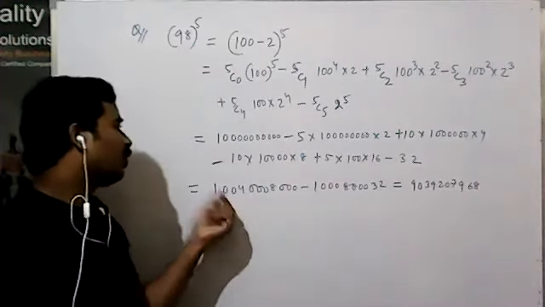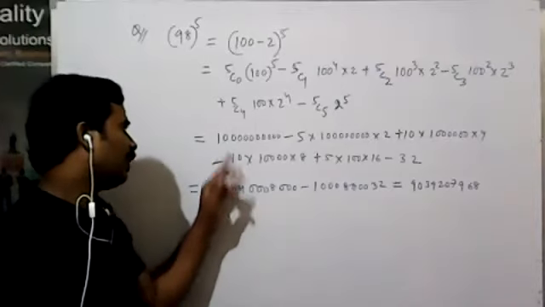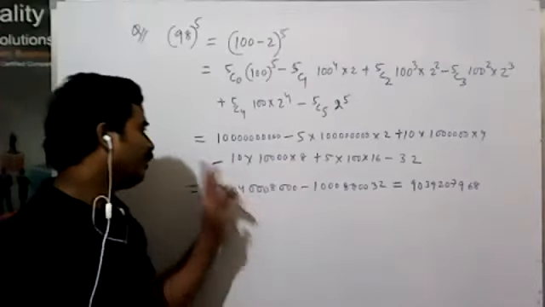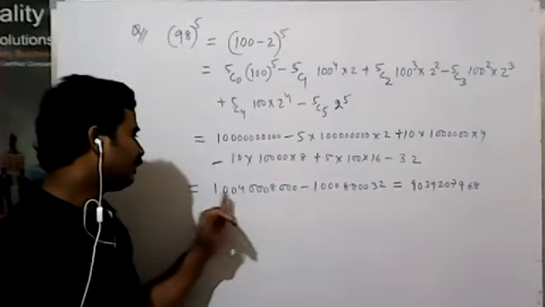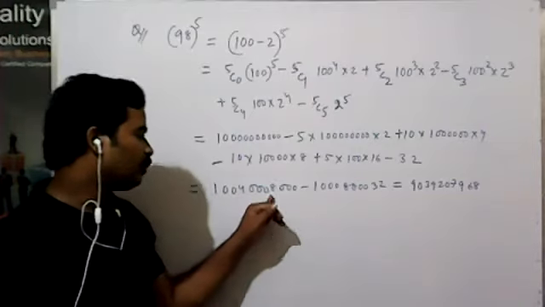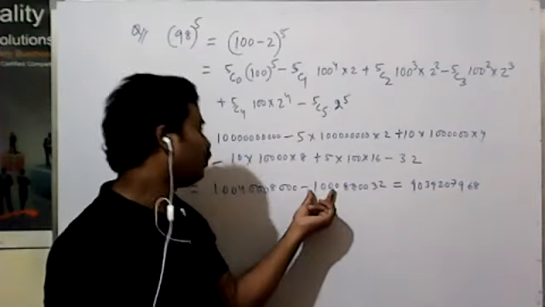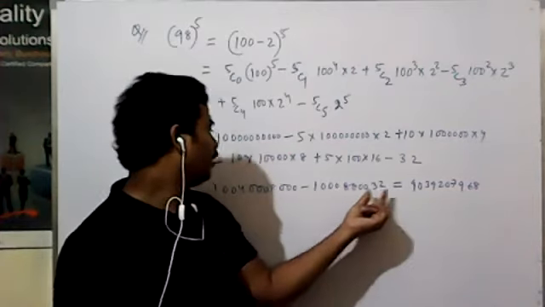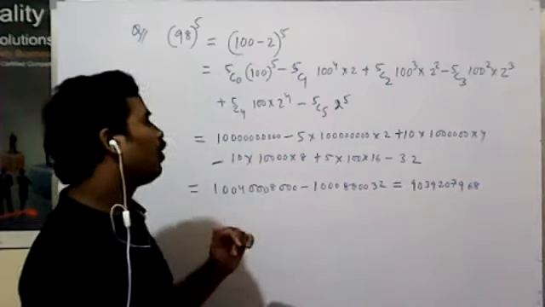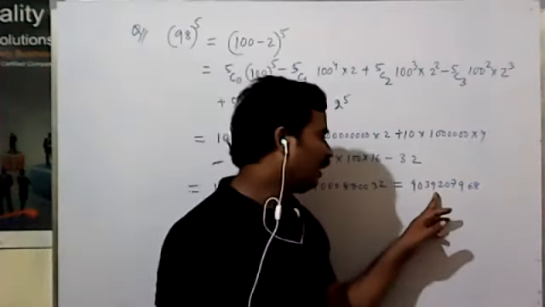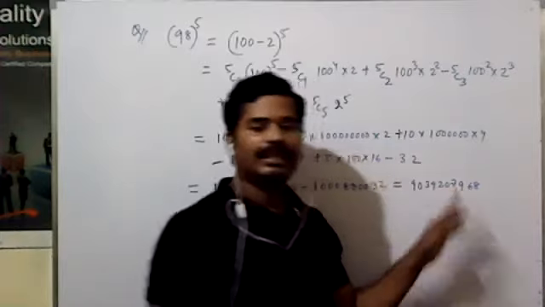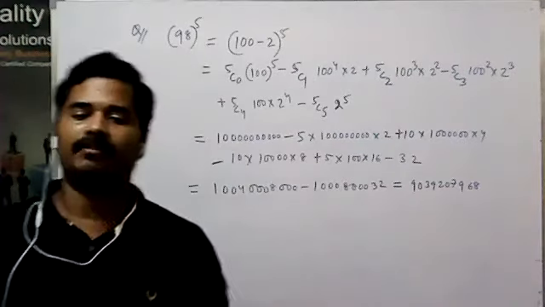Plus terms you add, minus terms you add, and the value comes 9039207968.